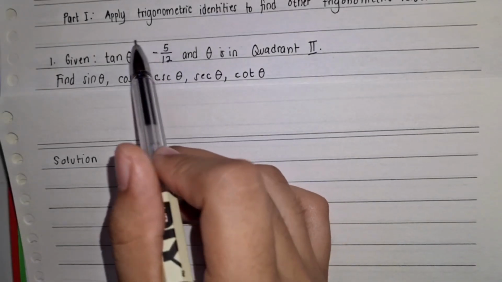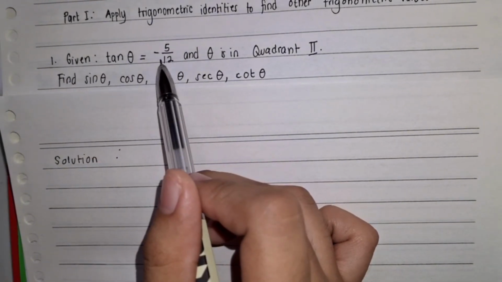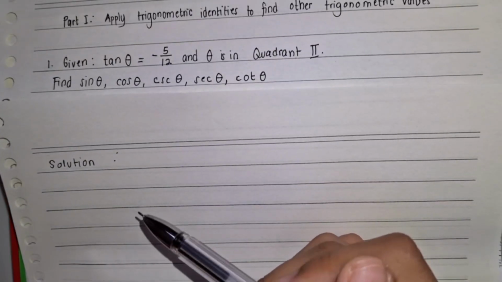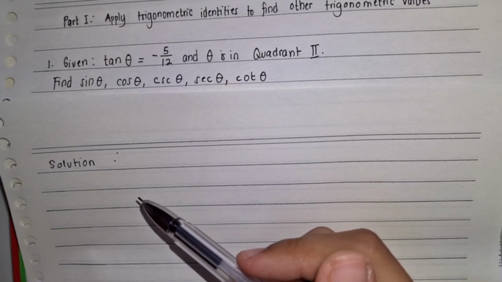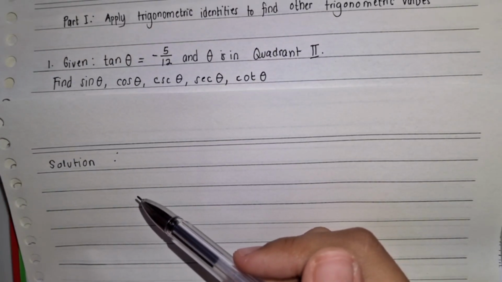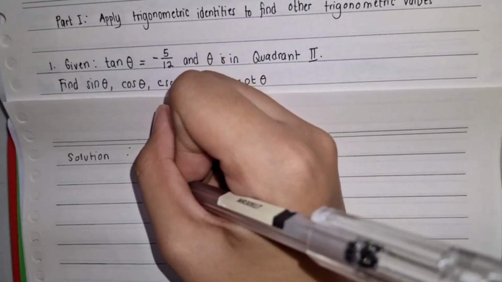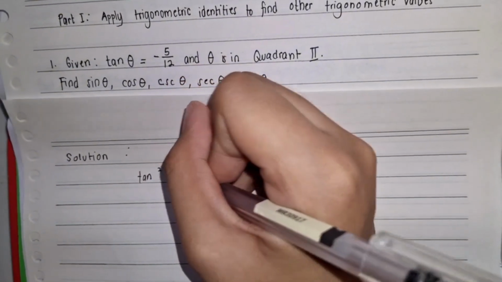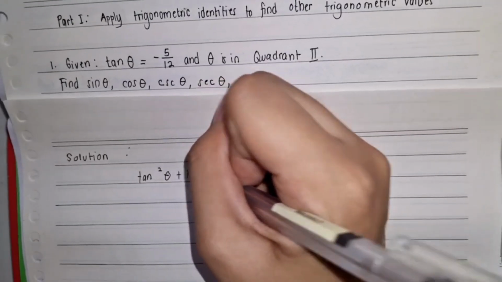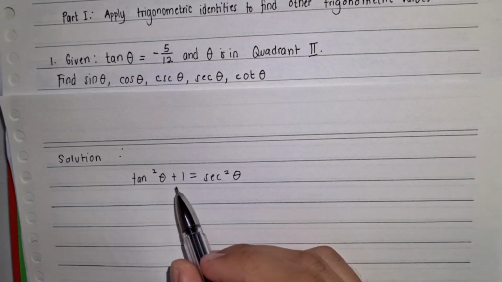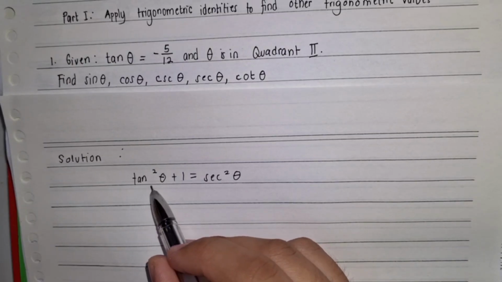Since the only given that we have is tan theta is equal to negative 5 over 12, we're going to use the Pythagorean identity tan squared theta plus 1 is equal to sec squared theta. So write it down first, equal to sec squared theta. And then substitute the value of tan theta.